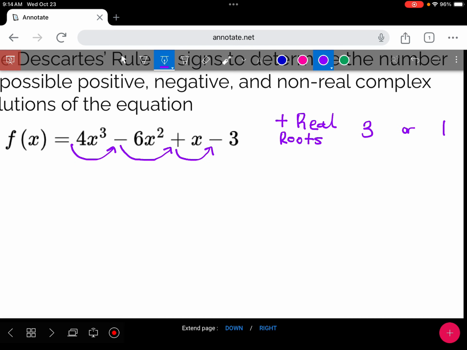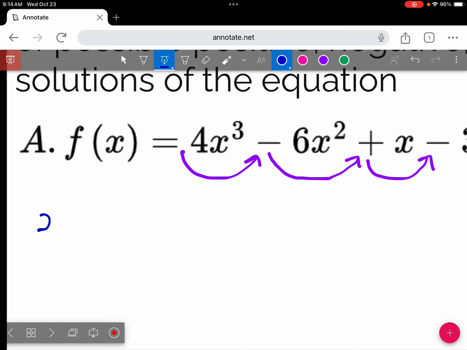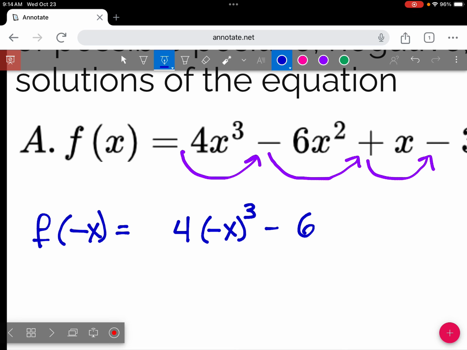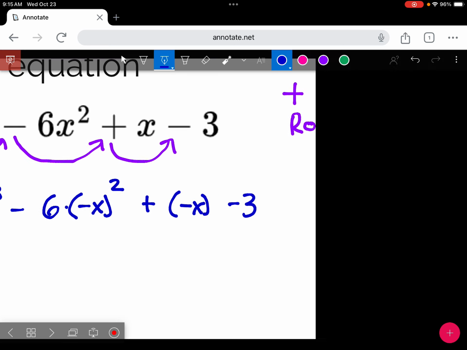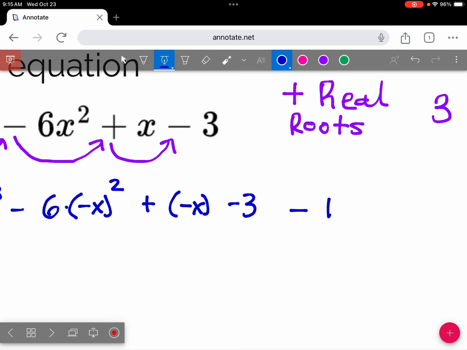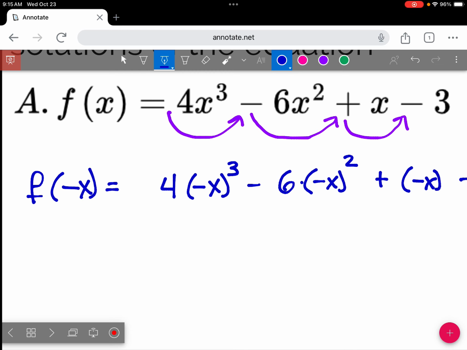So then to find our negative real roots, we need to substitute in that opposite of x. So we're going to do our f of the opposite of x and see what happens to our signs here. So our opposite of x cubed minus 6 opposite of x squared plus opposite of x minus 3. This is how we see our negative real roots. So we're going to simplify these, and then we're going to count our sign changes.